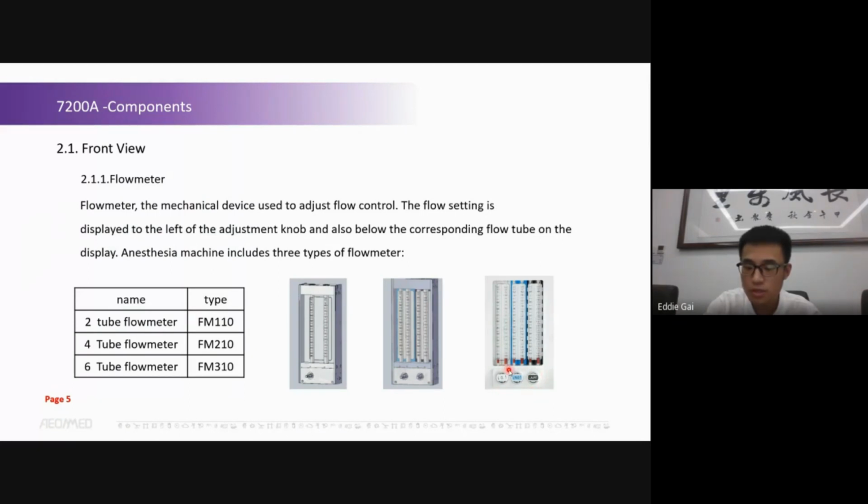Each gas has 2 tubes. One has a range from 0 to 1 liter per minute, the other from 1 to 10 liters per minute. This design is usually used in mini flow anesthesia because the first tube is more accurate for the flow.